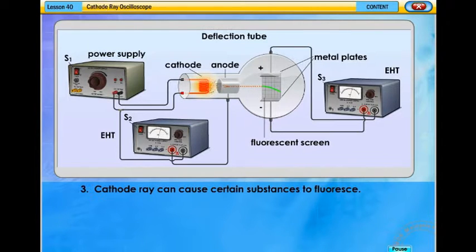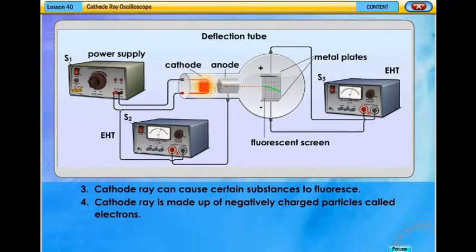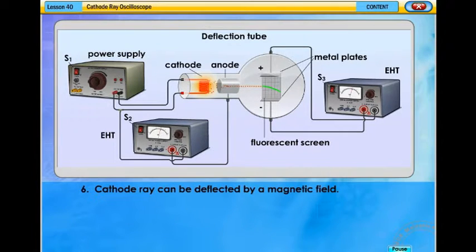Cathode ray can cause certain substances to fluoresce. 4. Cathode ray is made up of negatively charged particles called electrons. 5. Cathode ray can be deflected by an electric field. 6. Cathode ray can be deflected by a magnetic field.